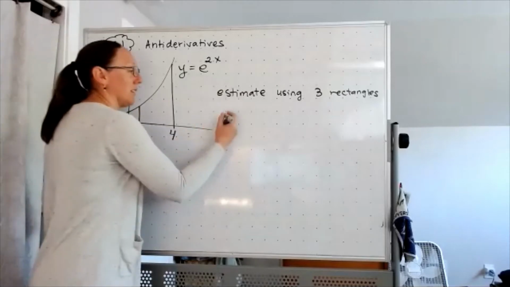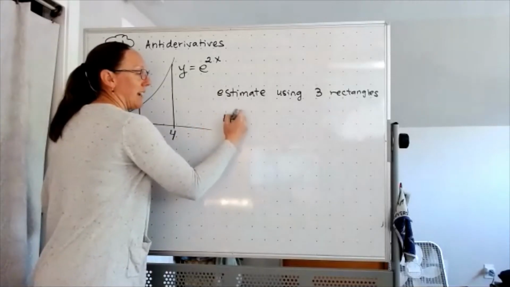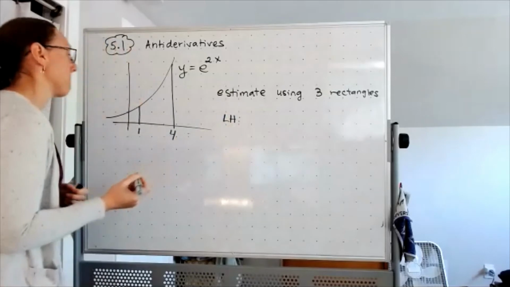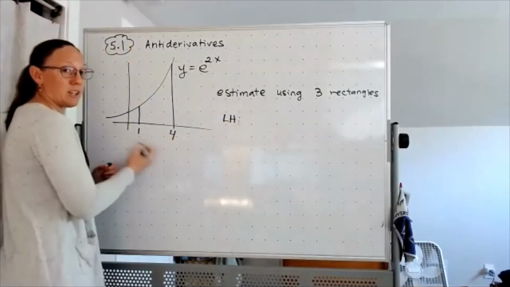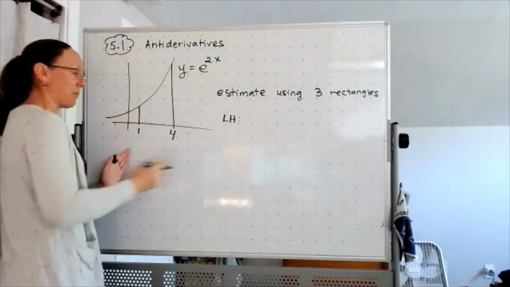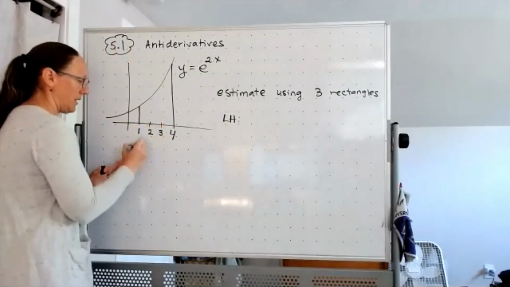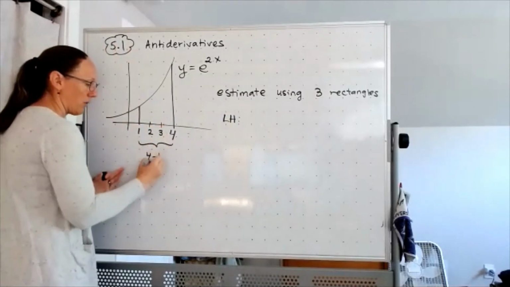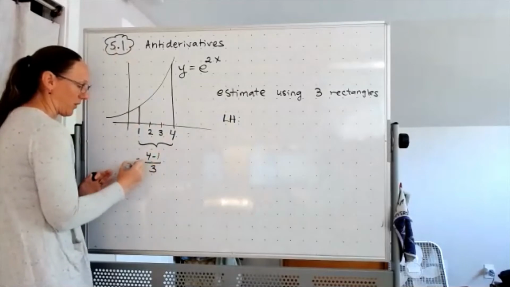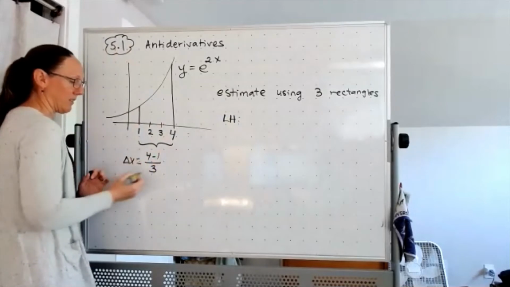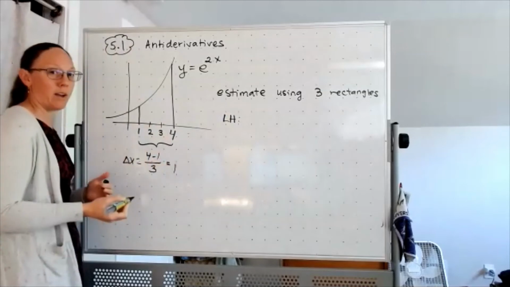For our left-hand estimate, I've got my chunk from 1 to 4, and I have to break that up into 3 pieces. So that total, 4 minus 1, and then divided by 3 is what's giving me my delta x of 1.